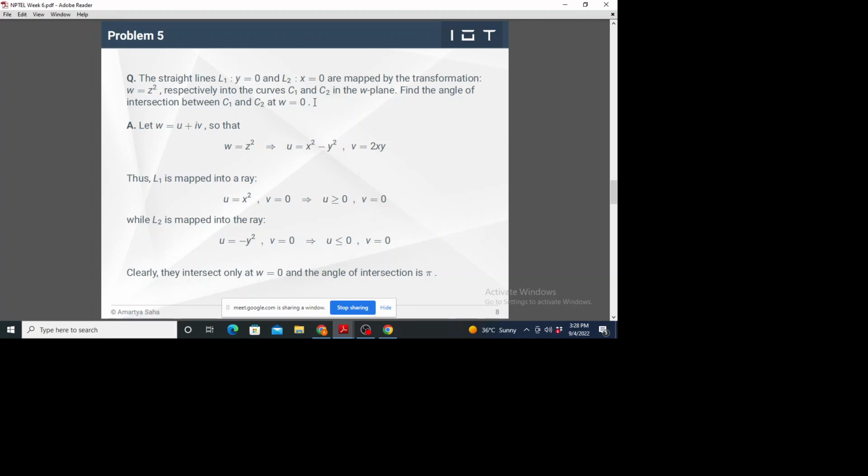Now you may think that since in the z plane the x-axis and y-axis intersect each other at a 90-degree angle, after doing a conformal transformation the same thing will happen there also. But as you know, that is wrong. This has been taught in the lecture.